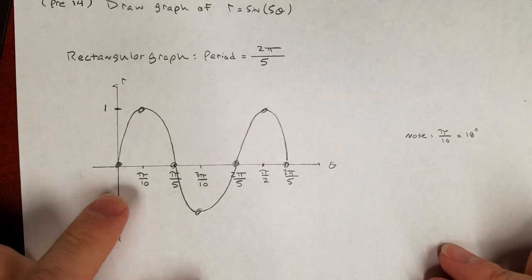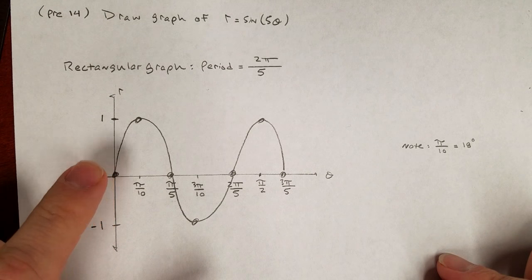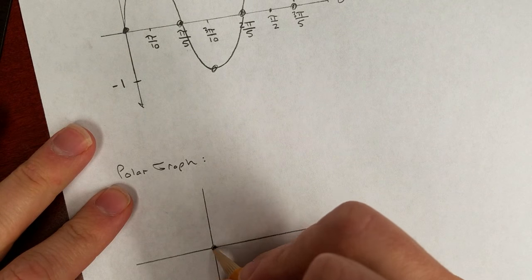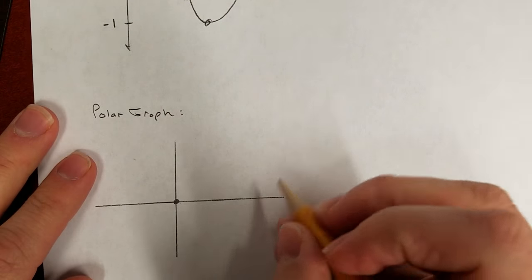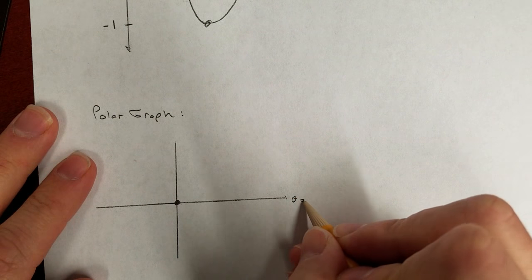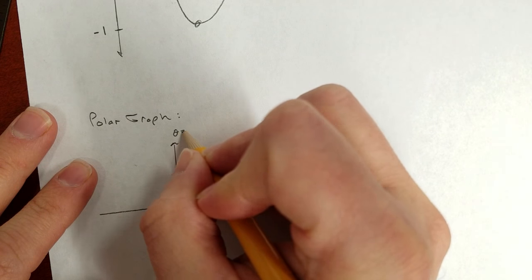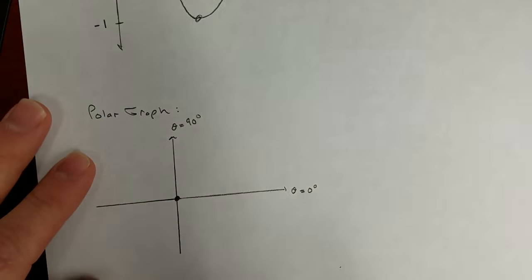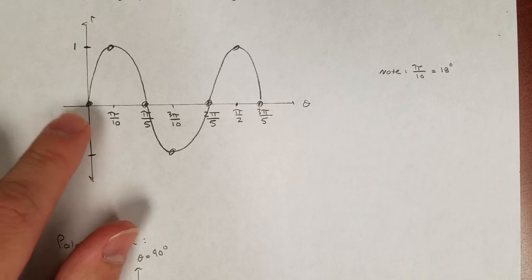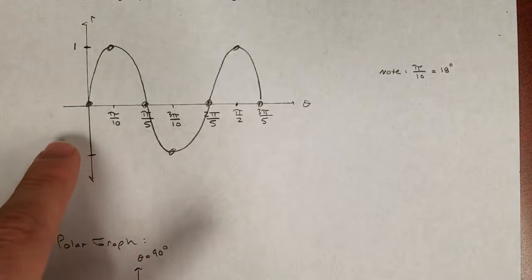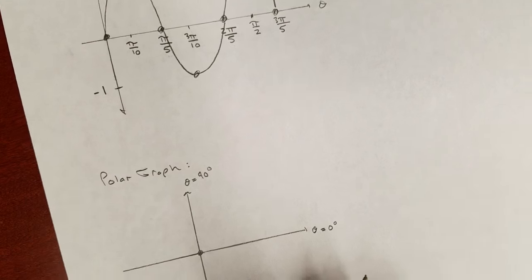The very first point is theta is 0 and r is 0. So that would be right here. That's theta is equal to 0. This is theta is equal to 90 degrees, right? That's how we do it. So if theta was 0 and r was 0, that's what you get. If theta was 18 degrees, r would be 1.